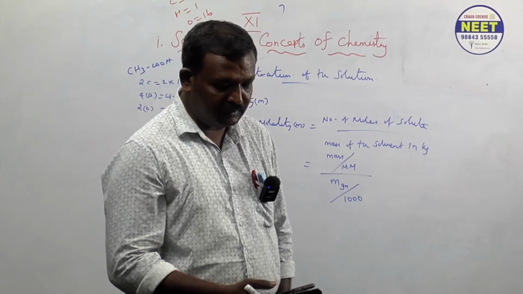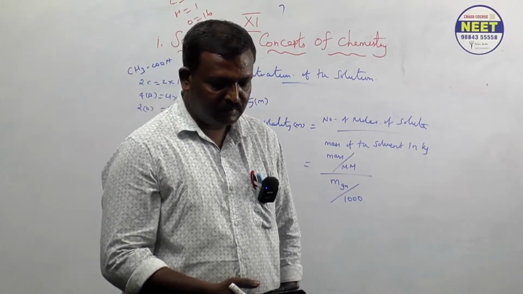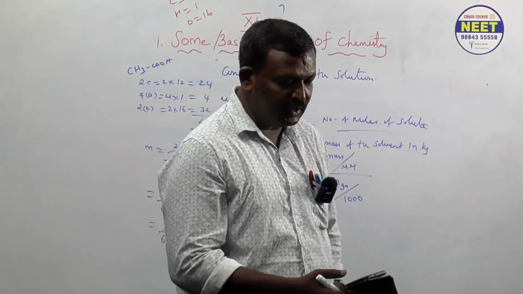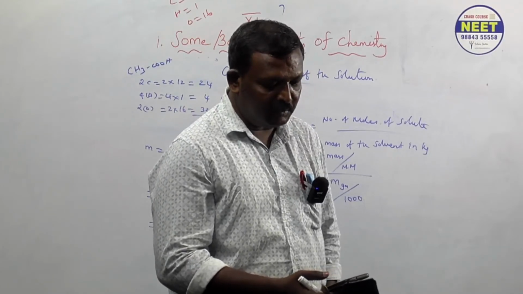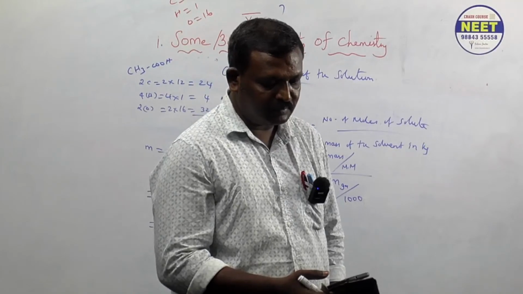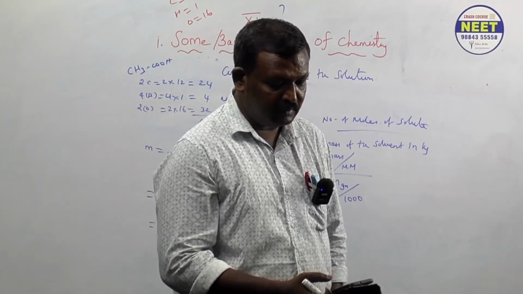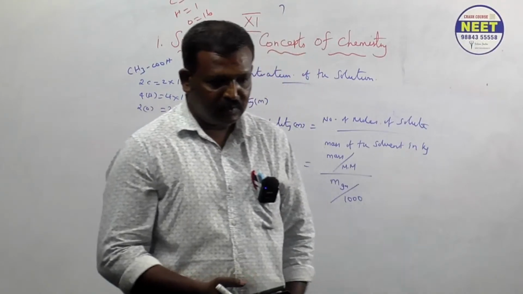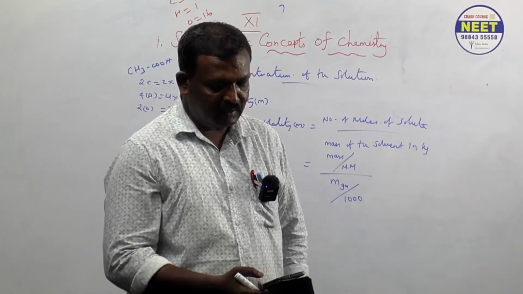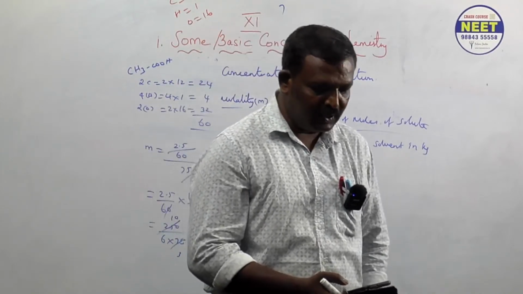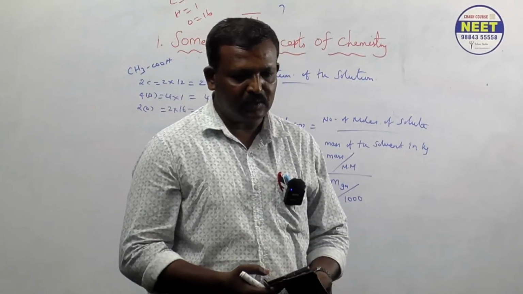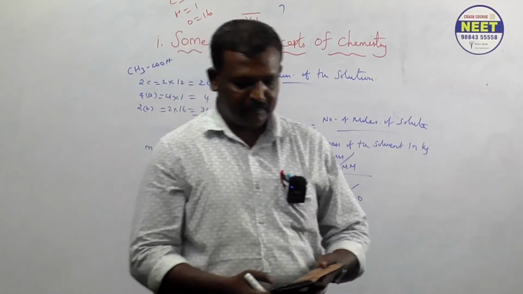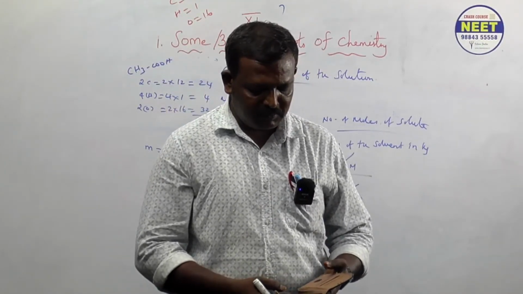Calculate the molality of aqueous solution containing 3.6 gram of urea (molar mass 60) in 250 gram of water. Understood? Similar sums only.